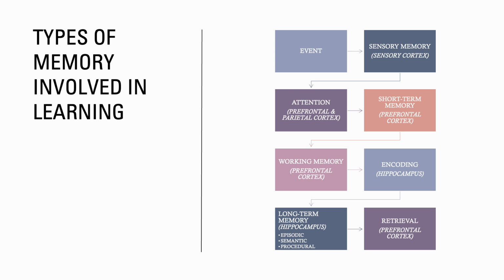And if there's an emotional aspect to this memory, if it's exciting, stressful, or meaningful to that person, the amygdala kind of steps in to make sure you don't forget about it too easily. Later on, when you need that information, your prefrontal cortex will help retrieve that from long-term storage. So yeah, it's really interesting how all of this comes into play.